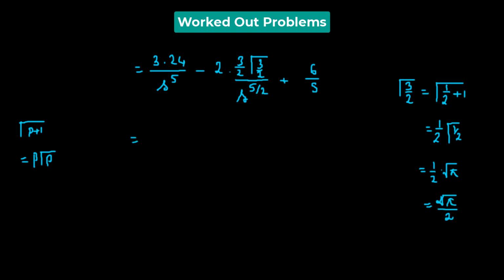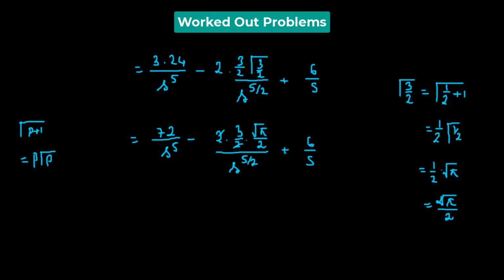So we have 3 times 24, which is 72, over s^5, minus 2 times 3/2 times square root of pi over 2, divided by s^(5/2), plus 6 over s.